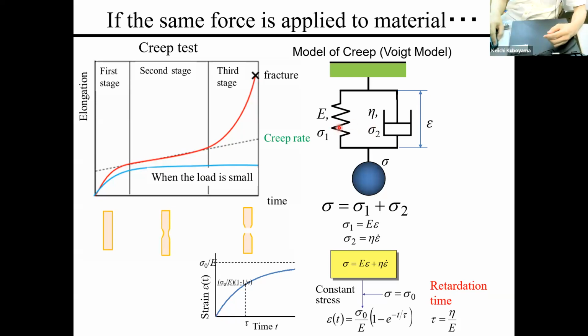In this model, please think about the behavior of each component. When you apply the stress, initially this dashpot part cannot move rapidly, so the starting point is 0 because you cannot deform this part rapidly.